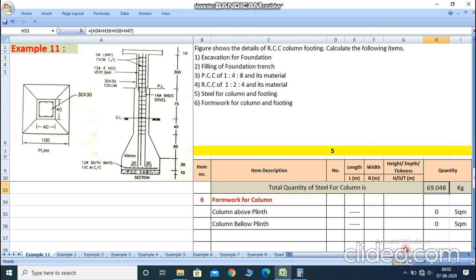we start the formwork for a column. So here formwork for a column is required for above plinth level and below plinth level, means here above plinth level from this point up to this. So dimension is here 4 numbers of the wooden plank is required, so right here 4 numbers.